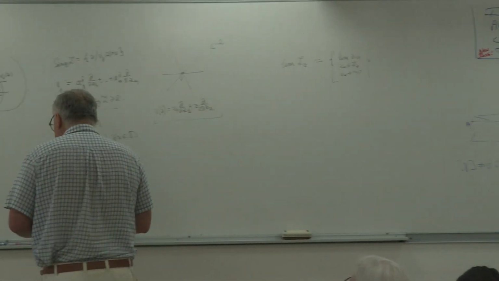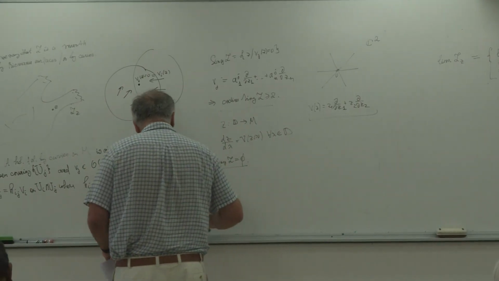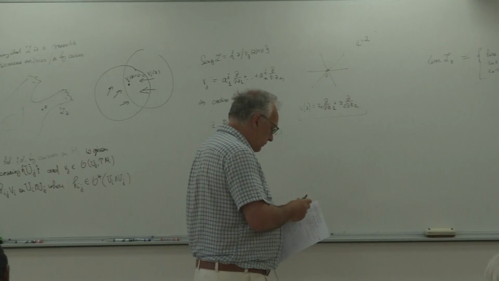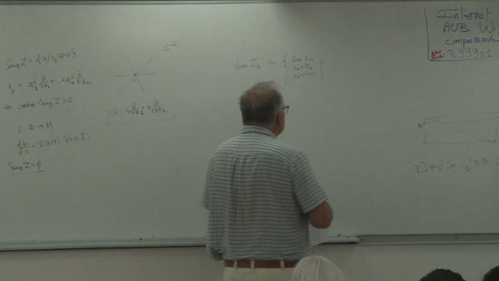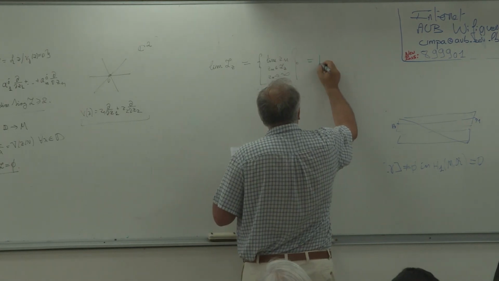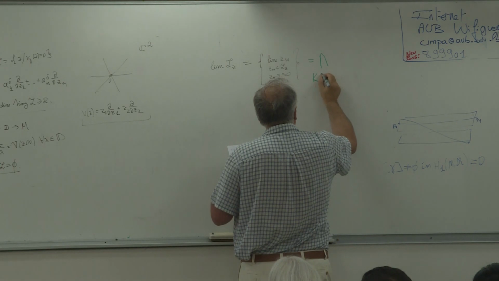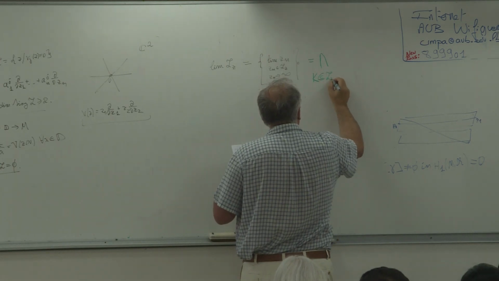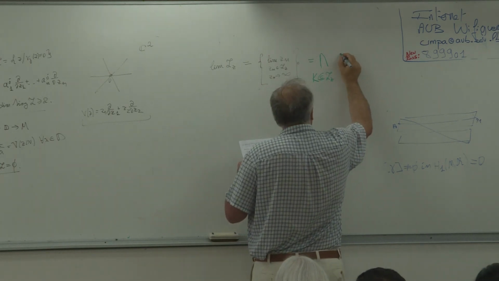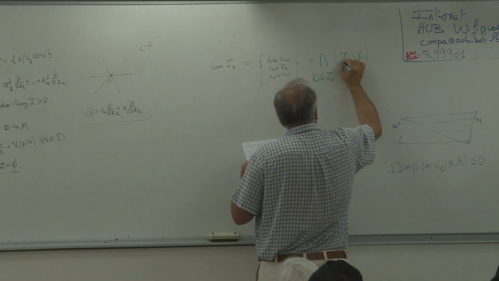Well, one can describe this as an intersection over all compacts in our leaf of the closure of L minus the compact.